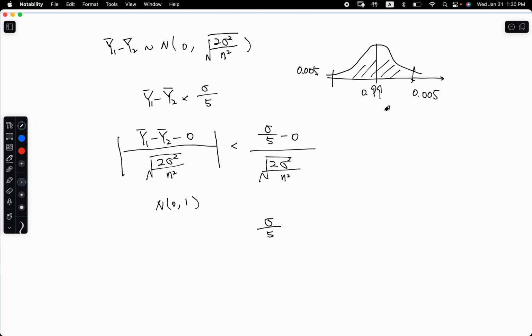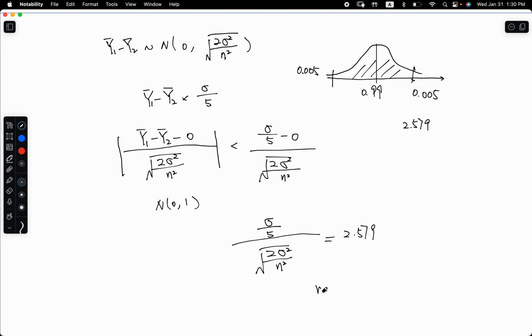And it turns out, if you look up a table, it will be that. So 2 sigma square over n square, that, and then you set it equal to the quantile. And the sigma square will be cancelled out, and then the only unknown is n squared.